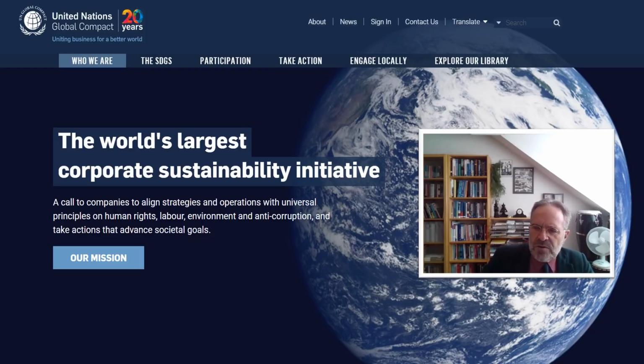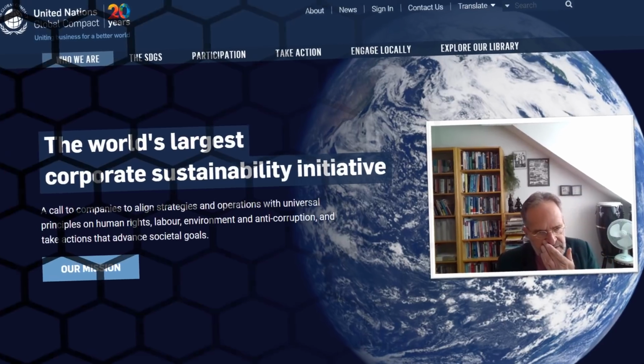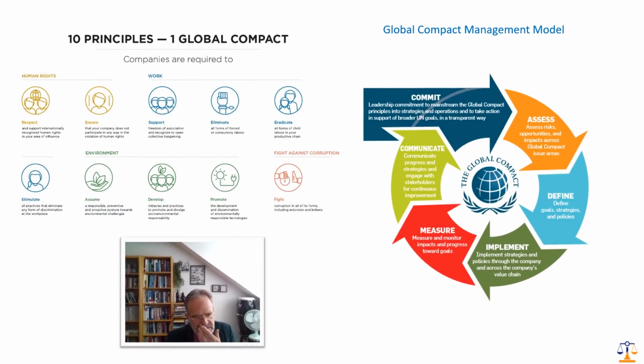And the Global Compact Initiative is based on 10 principles. You can see the principles here. And the United Nations asks companies to implement these 10 principles.